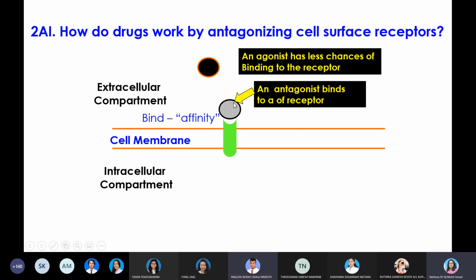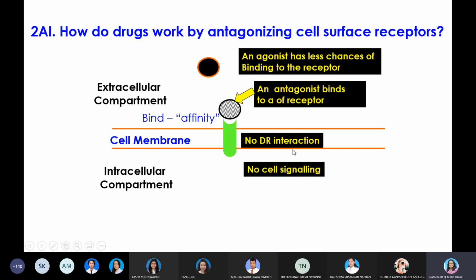The chances are less because there are a lot of antagonists, and the antagonist wins, let's call it that. It competes and it wins, and it binds to the receptor. But there is no drug receptor interaction. Therefore, no cell signaling happens, and therefore no response. And we say an antagonist does not have efficacy. It has affinity, but it's got no efficacy.